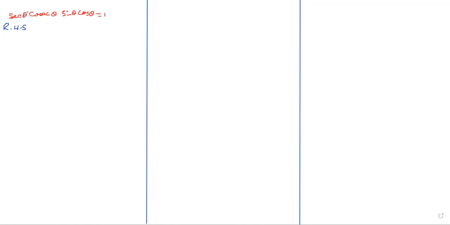And we know that, okay, I will write it again once more. Secant theta, cosecant theta, sin theta and cosine theta. So secant theta is 1 over cosine theta. Cosecant theta is 1 over sine theta.